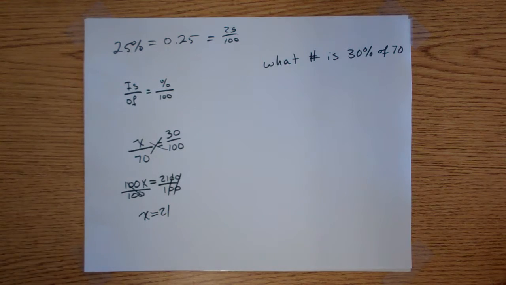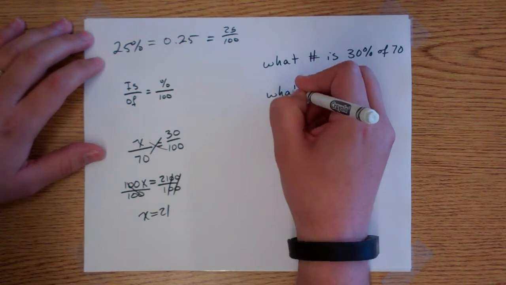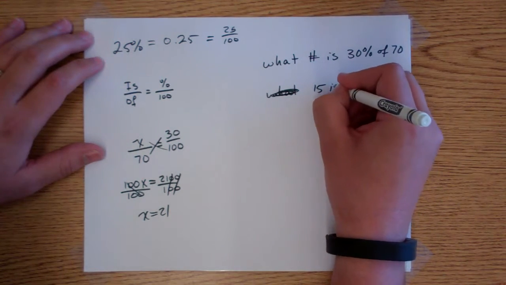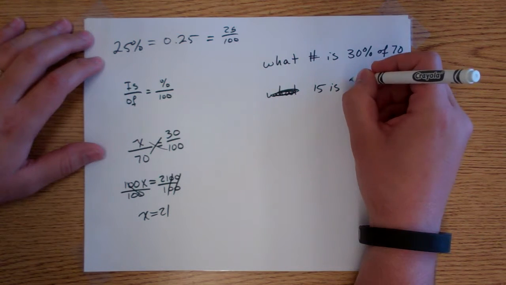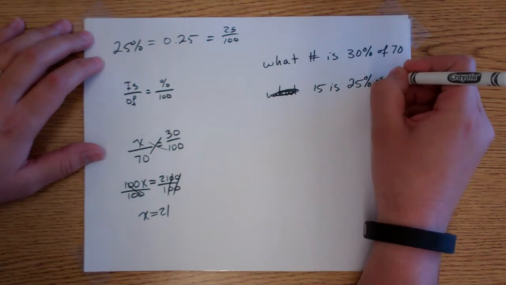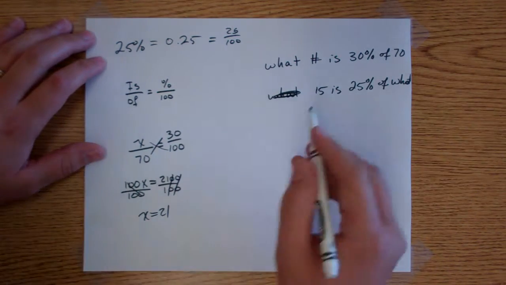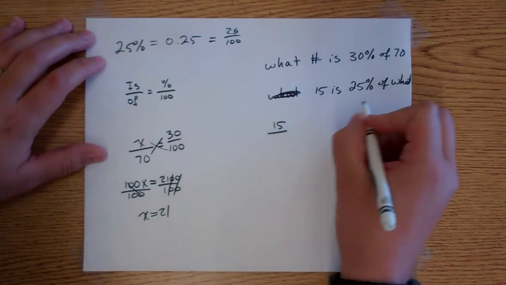And this will work with anything. Or let's say, let's make this one easy, 15 is 25% of what? So 15 is the is. So it's going to be 15 over of what?